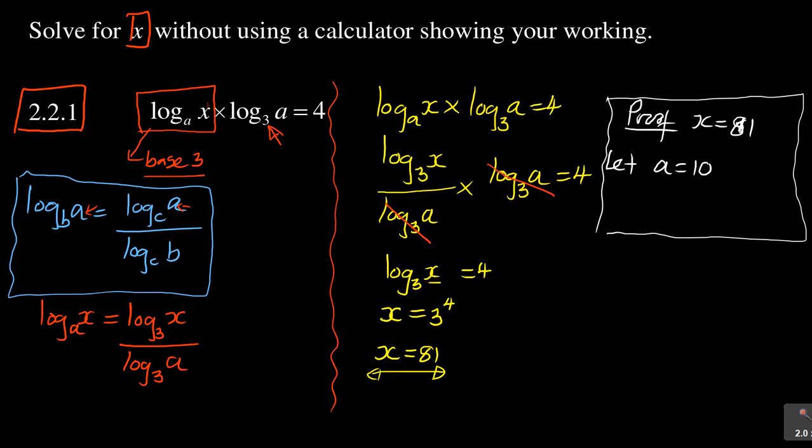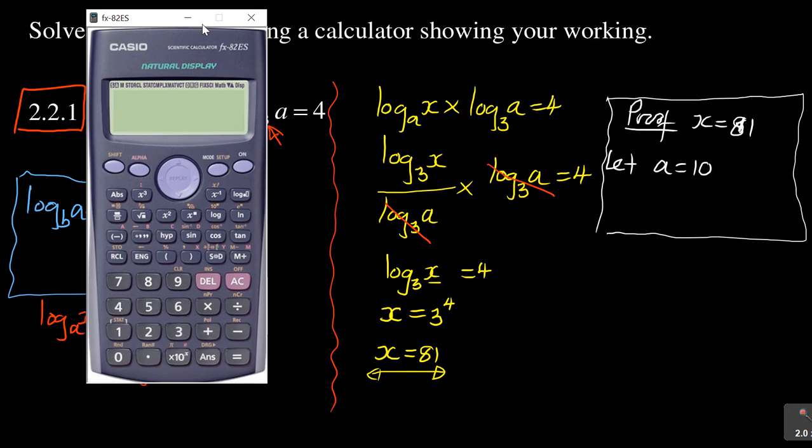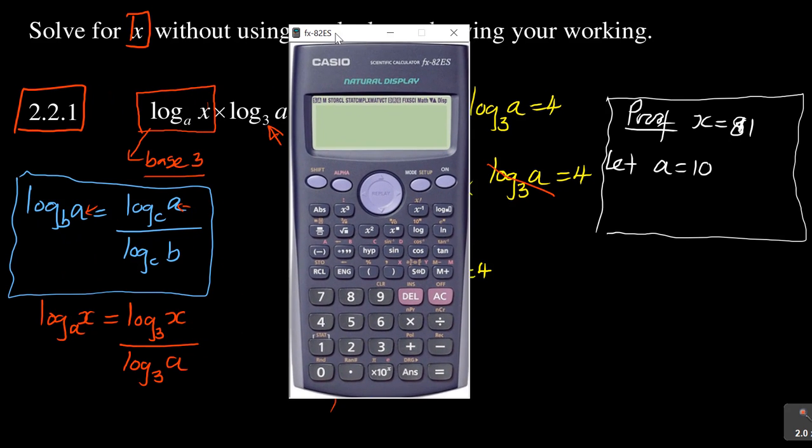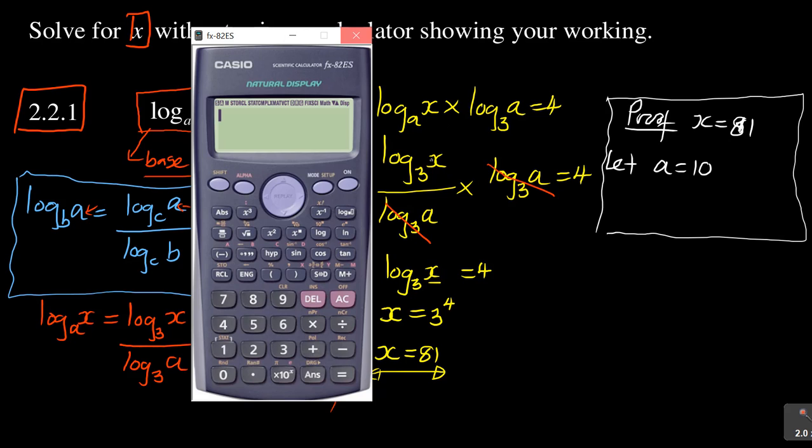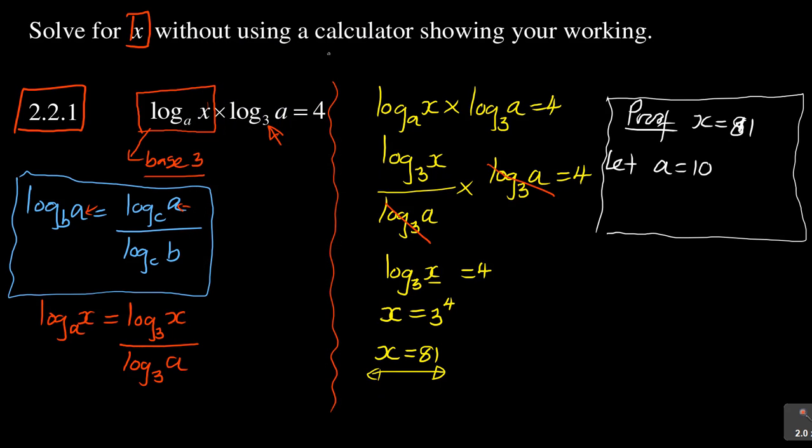So now I come here to the original. Remember, this is the original one. You say log base 10 of x, now my x is 81, times log in base 3 of a, remember I said a is 10. If you say equal to, you see I'm getting 4 as my answer.